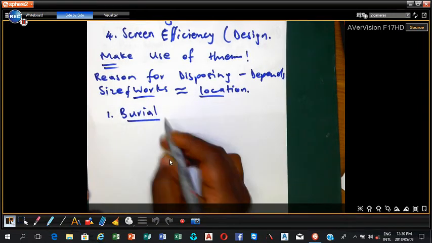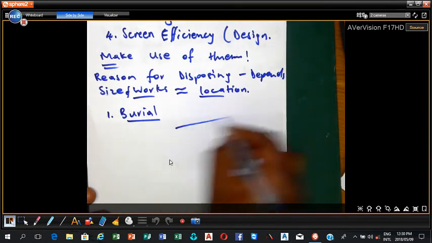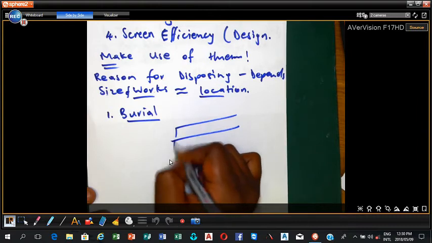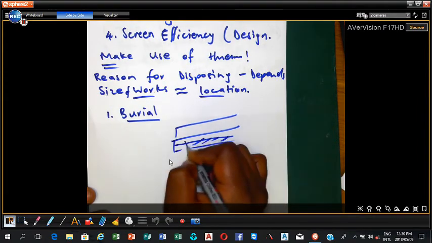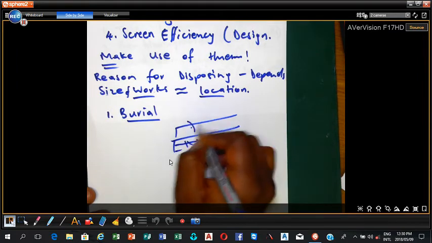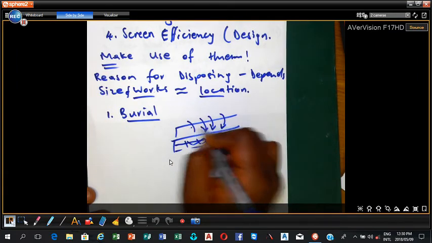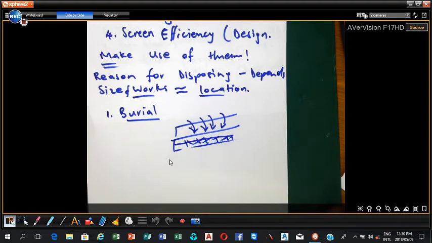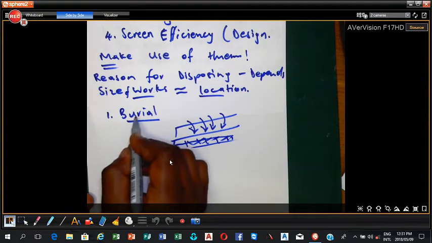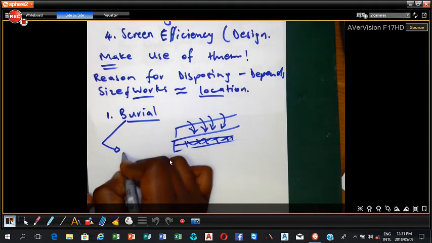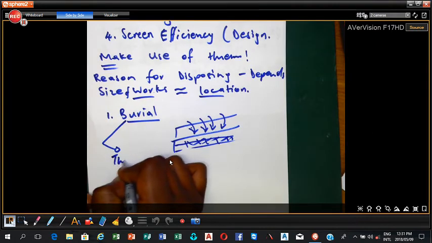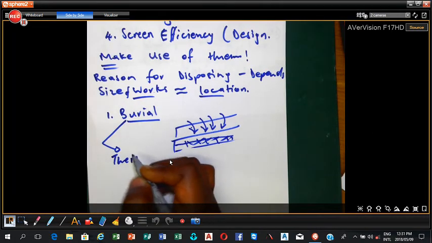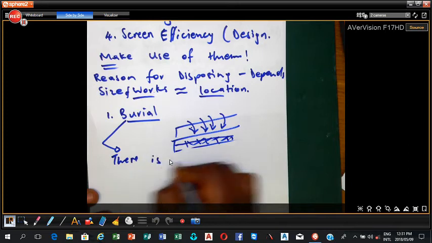That means you dig a trench, you lay your screens there, and then you do the backfilling. After that, that's it. Very cheap, very easy, very user friendly. But this happens only where there is land.